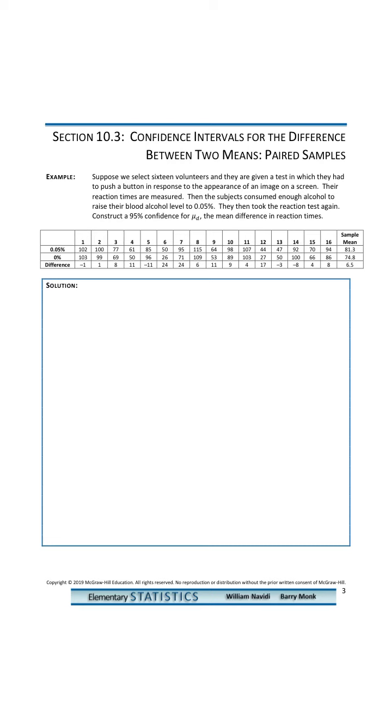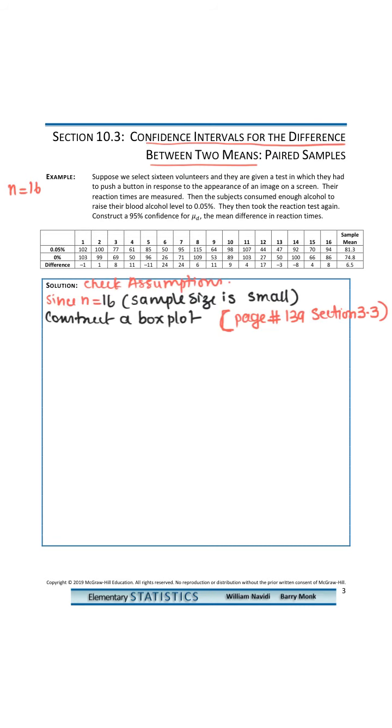Here we need to construct a confidence interval for the difference between two means. Here n equals 16, the sample size is small, so we will construct a box plot to check the population is approximately normal. How to construct a box plot? It's in section 3.3, page 139. So please refer to that.